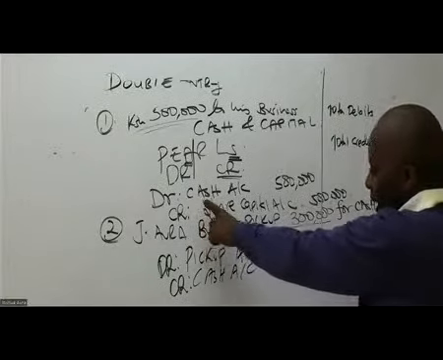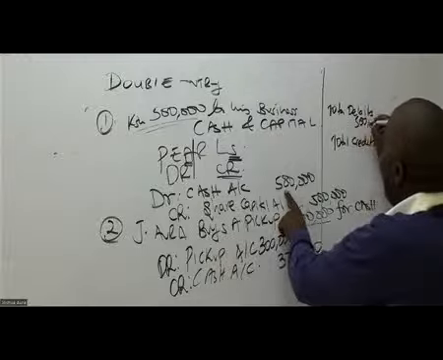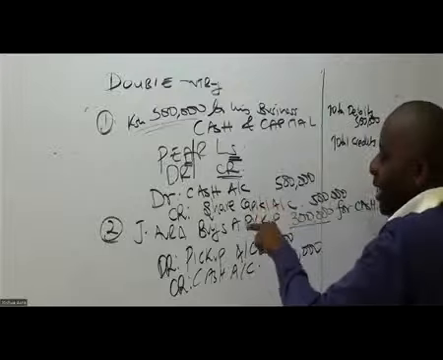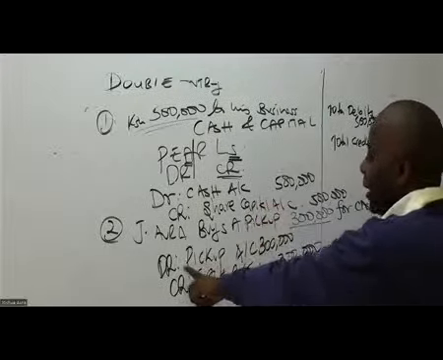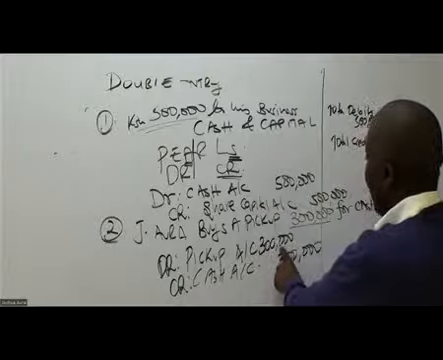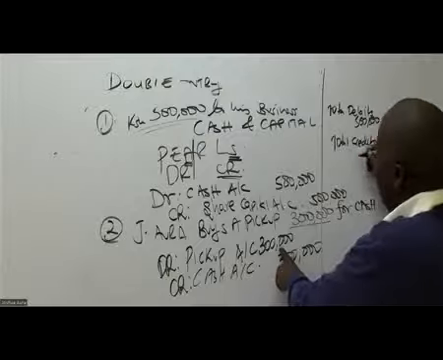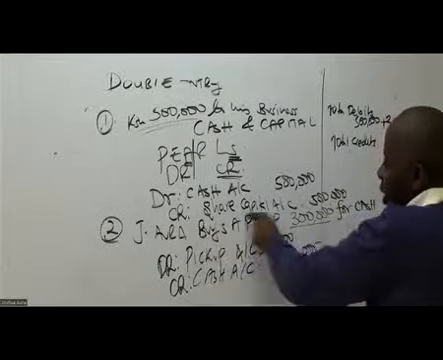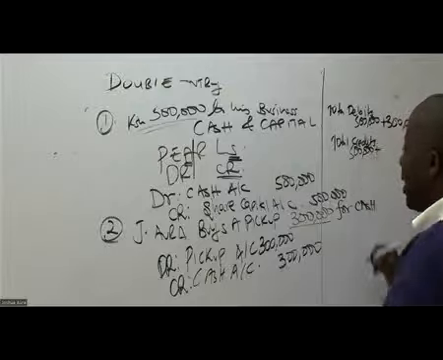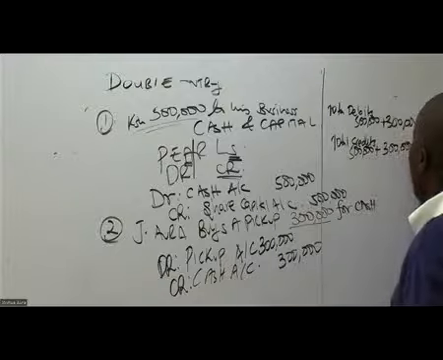I have a debit of cash of 500,000. Of course, I'll be doing my ledgers, getting the balances. But again, I can see another debit of pickup of 300,000. How about credits? I can see share capital credit of 500,000, and then another credit of 300,000.